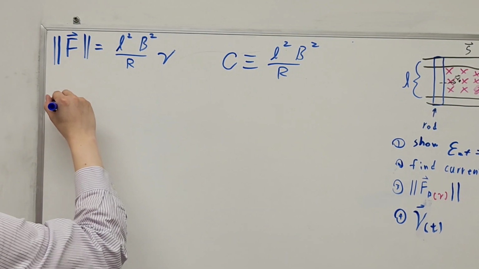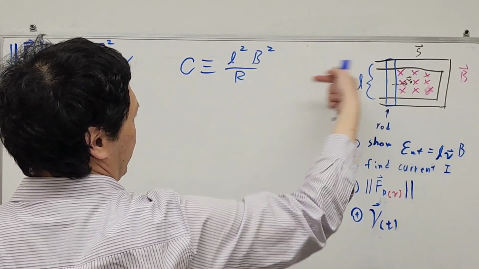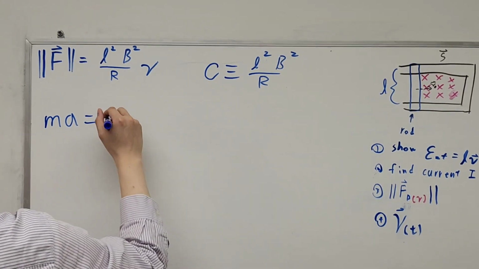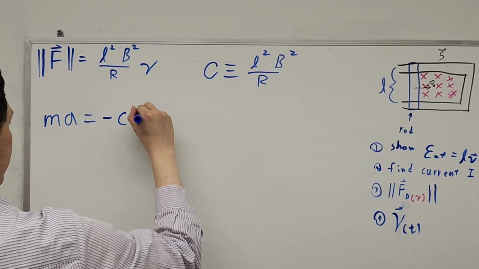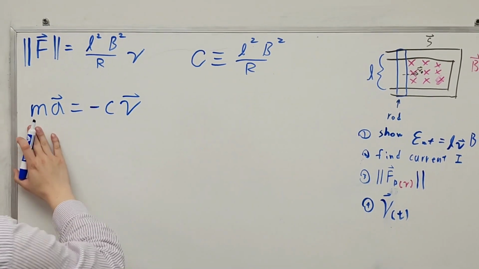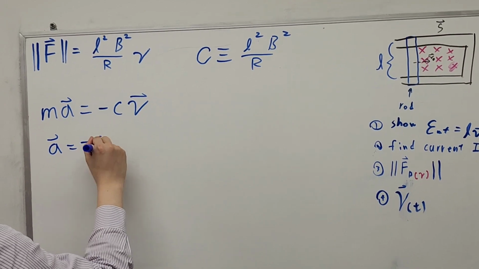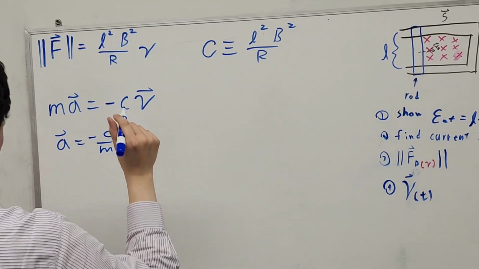So we have ma equal to negative C times the velocity, since the force is going the other way. Okay, so I'm going to move m to the other side, so acceleration is just negative C over m times velocity.